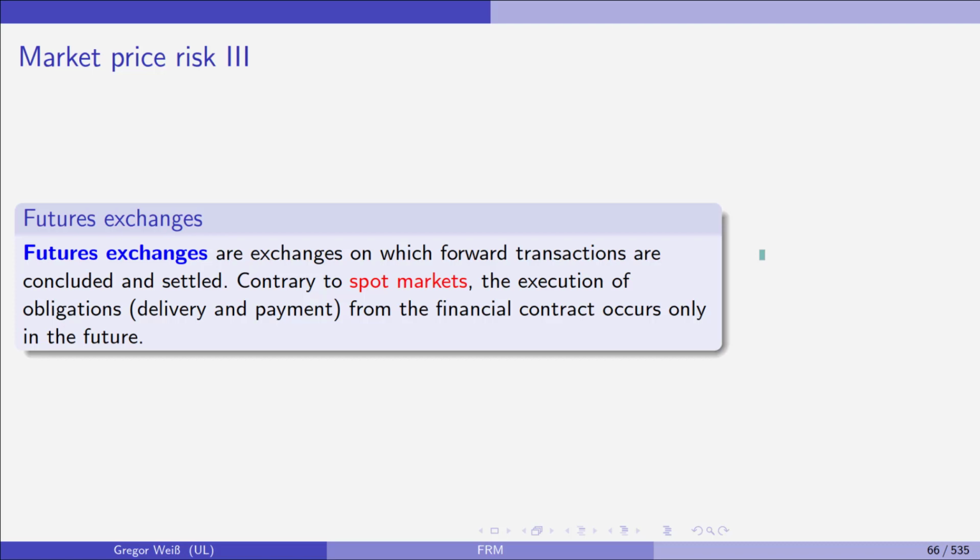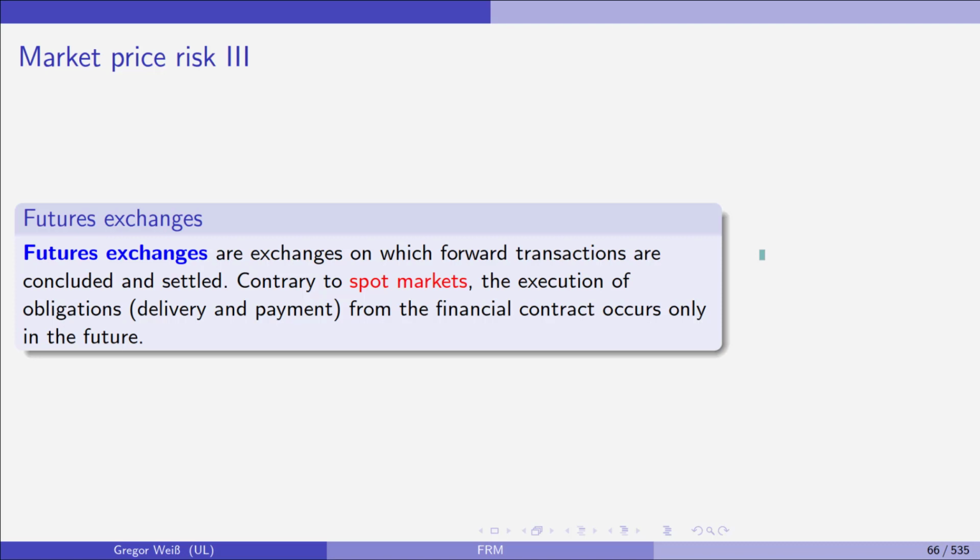And contrary to spot markets, for example, for securities, there are two very simple examples here in Germany. You have the Frankfurt Stock Exchange, the Frankfurter Wertpapierbörse, FWB, which is the spot market where you can buy the stocks now and sell them now.